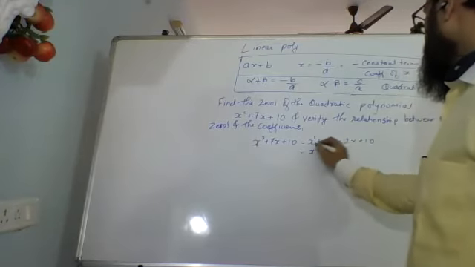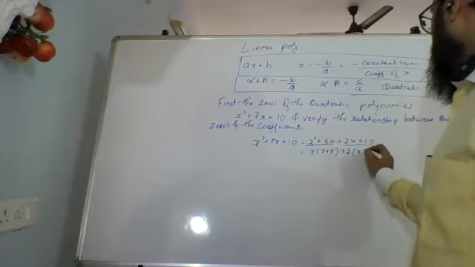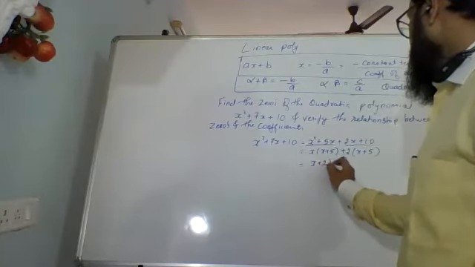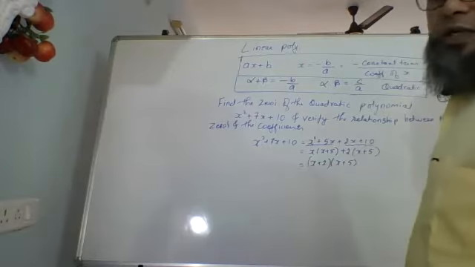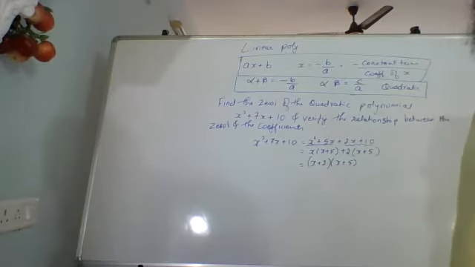From this 2 is common, so 2 outside, x plus 5, which is x plus 2 into x plus 5. This is what I have got.